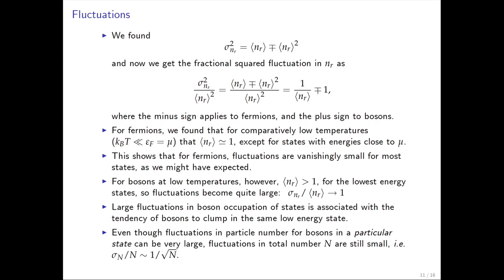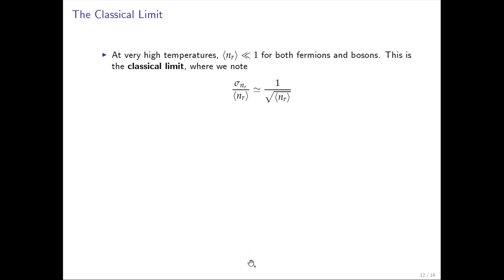So in the end we're always going to have a fractional variance in the total number that goes as 1 over root N, and that's really just the law of large numbers, the central limit theorem itself. Okay, well that's our discussion of fluctuations in occupation numbers.